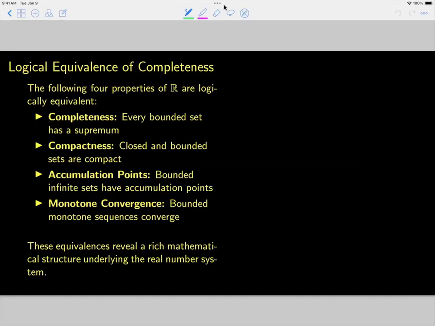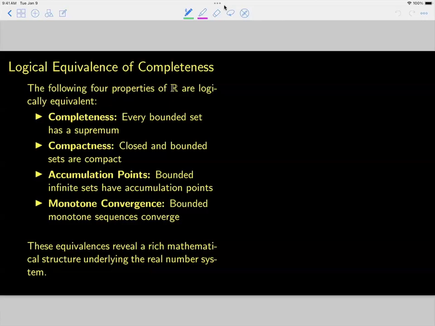Completeness, that every bounded set has a supremum, is logically equivalent to the Heine-Borel theorem, which is that closed and bounded sets are compact. Which is logically equivalent to bounded infinite sets having accumulation points, something we'll talk about more later formally as the Bolzano-Weierstrass theorem. And this is also logically equivalent to the monotone convergence theorem, that bounded monotone sequences converge.